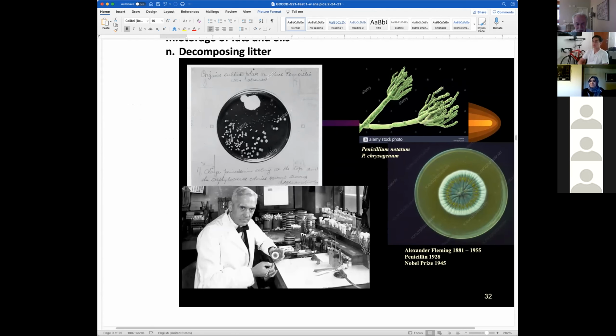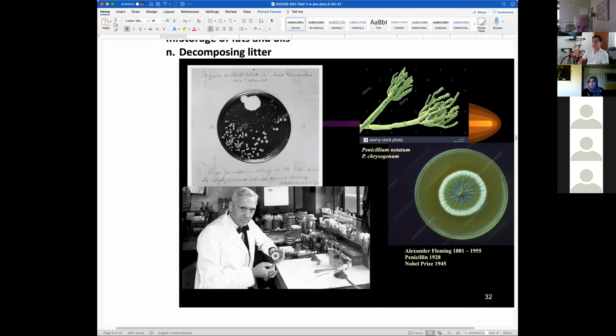Now, I didn't actually show you this slide in the lecture. What I showed you was a smaller slide with just the spores of penicillium. But this gives more information, which I thought you might be interested in. This is a colony.